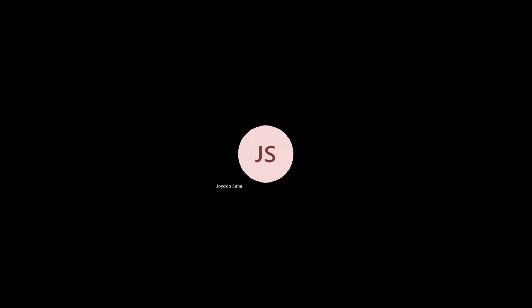Now x(t) is equal to 2u(t), so X(s) will be 2 upon s.